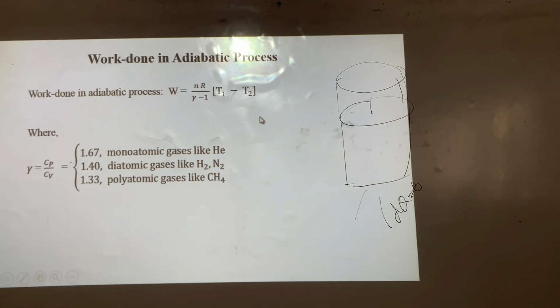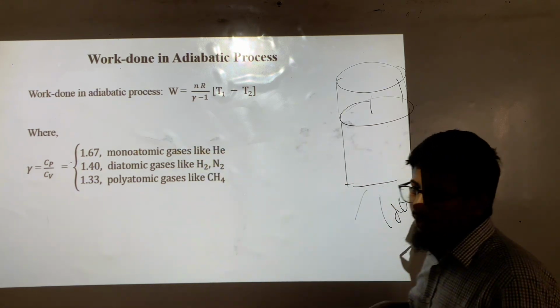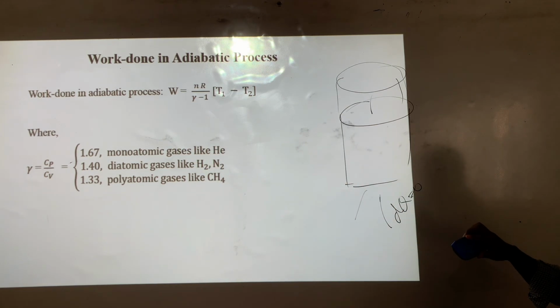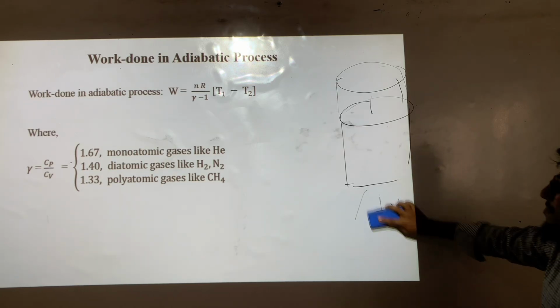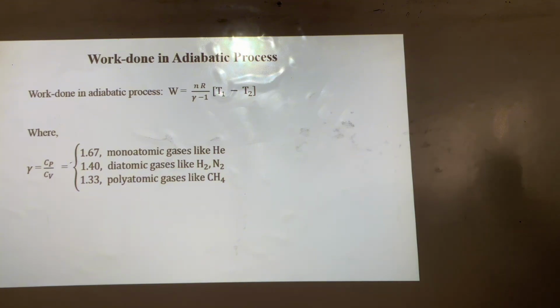So we have this equation for work done, and you can see that it depends on this rather weird looking symbol, that is what we call gamma. And gamma has different values depending on different types of molecules.